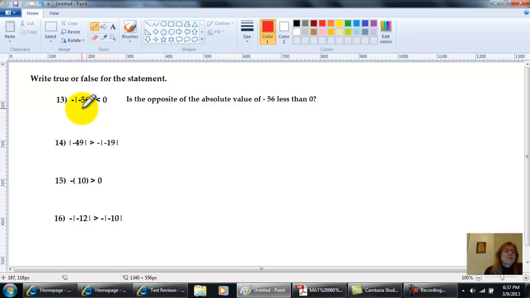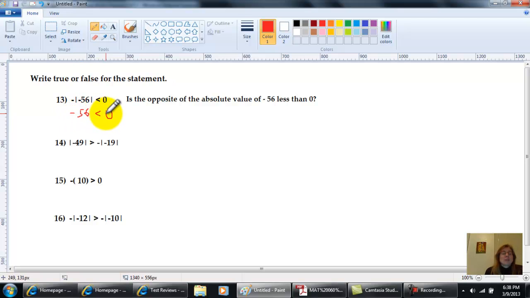So the absolute value of negative 56 is 56. Okay, so now you've eliminated the absolute value signs. Just this opposite is still there, and this part of your problem is still hanging in the balance. So the opposite of 56, or negative 56 less than 0.